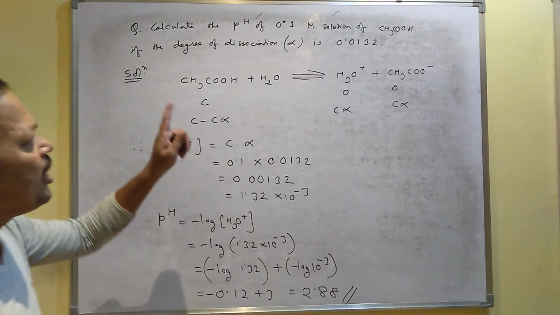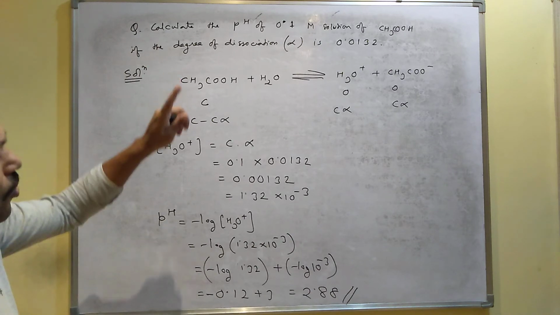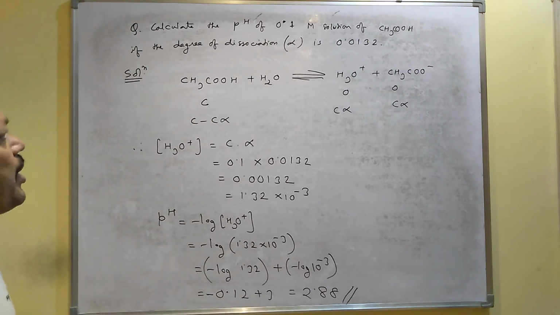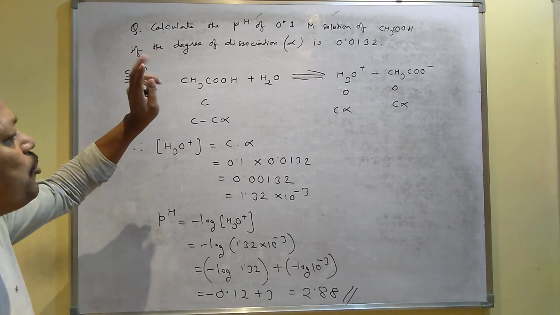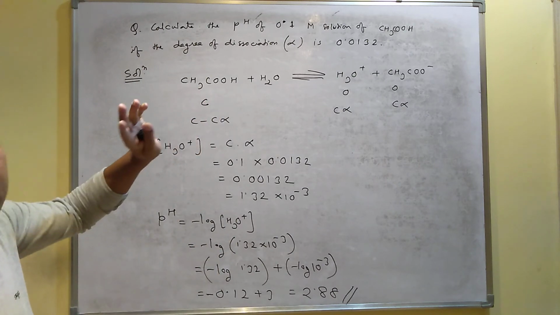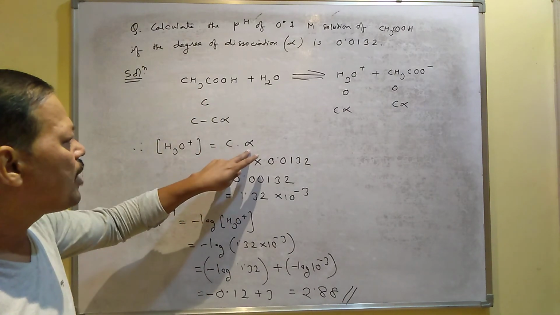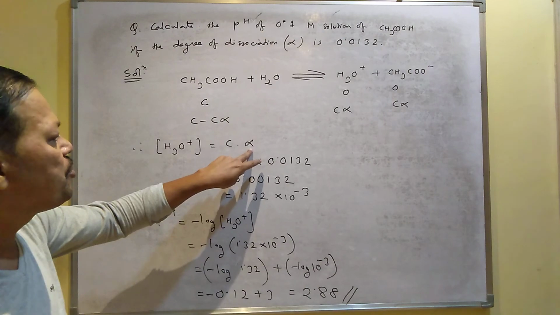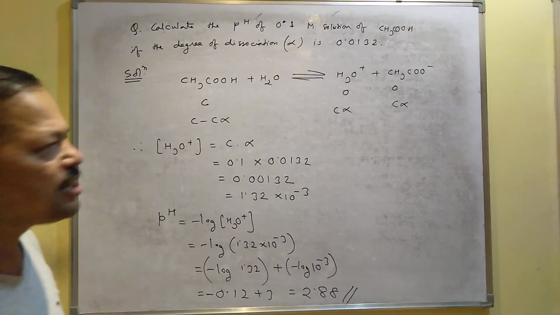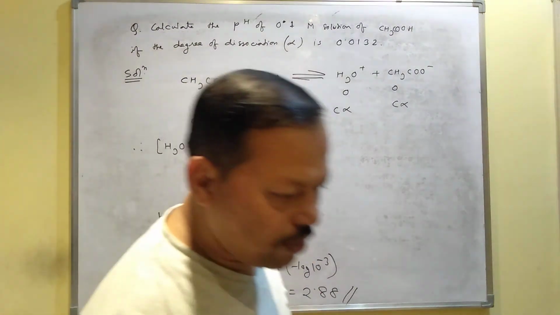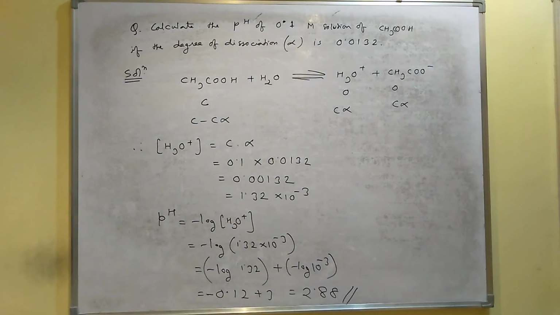So in this way you can find out the pH value for weak electrolyte also. Always remember, if the acid or base is weak, then you should know about the degree of dissociation alpha. By doing C into alpha, I mean concentration into degree of dissociation, you can find out the concentration of the ions. So if you know the concentration of hydronium ion, then you can determine the pH value.